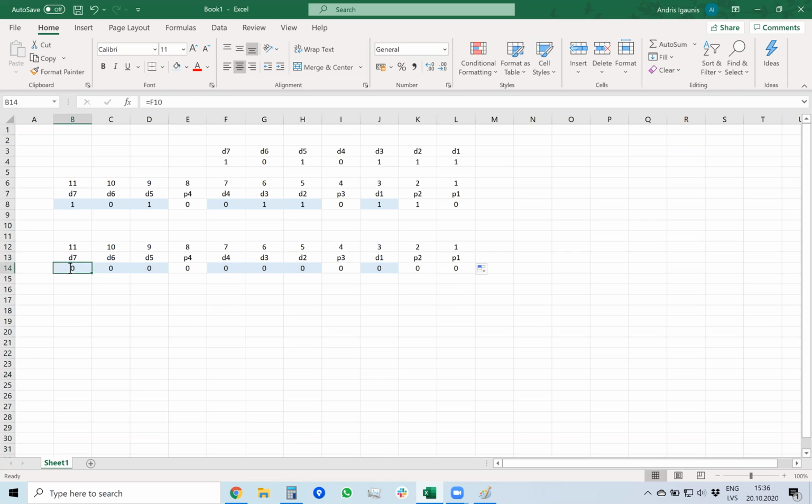Let's say that we are sending data 1 0 1 0 1 1 and 1. If we send the same data, the parity bits are the same, so the difference between parity bits doesn't exist. Their XOR calculates to 0. As a result, the error is not there.